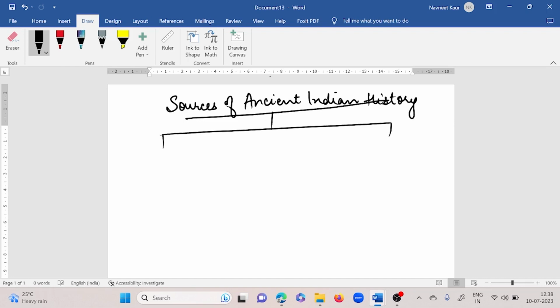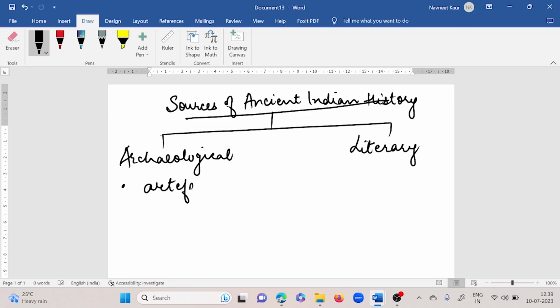One is archaeological and another is literary. In the archaeological sources, we have artifacts, monuments, coins, and inscriptions.